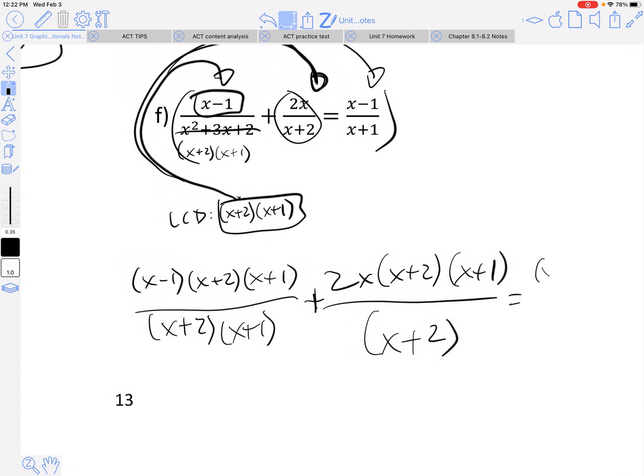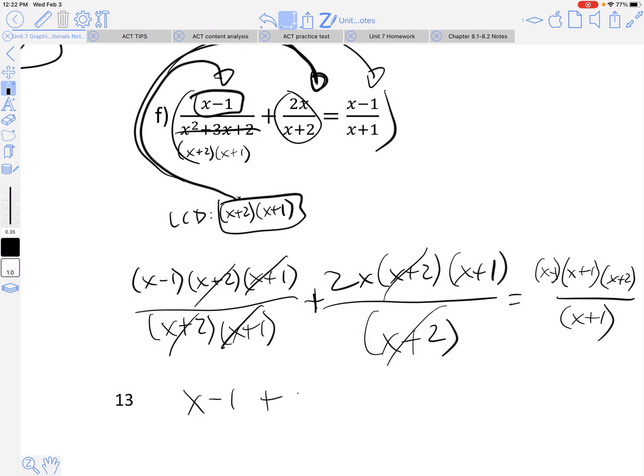Equals x minus 1 times x plus 1 times x plus 2 all over x plus 1. So this cancels out, leaving us with x minus 1 plus, this cancels out, 2x times x plus 1. This cancels out, leaving us with x minus 1, x plus 2.